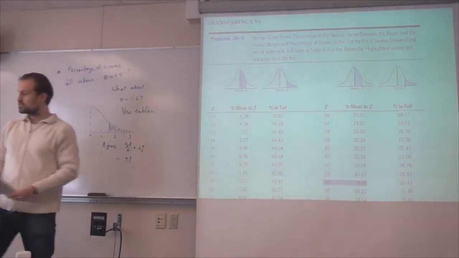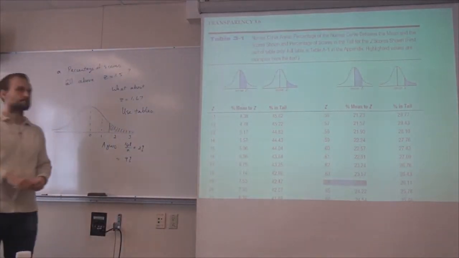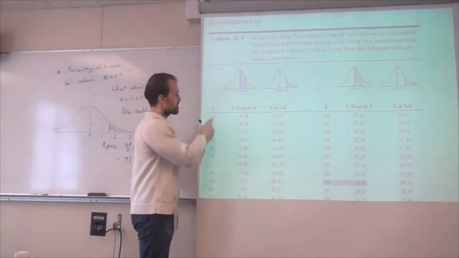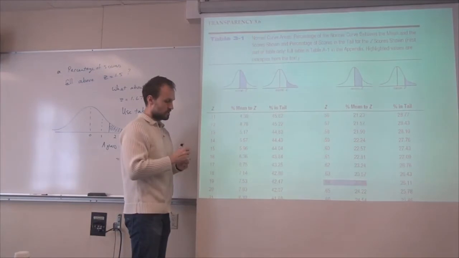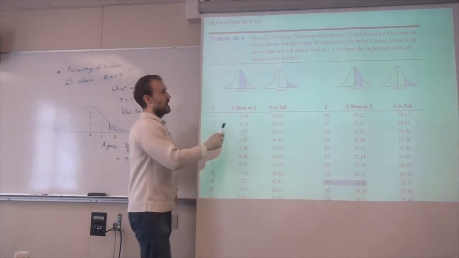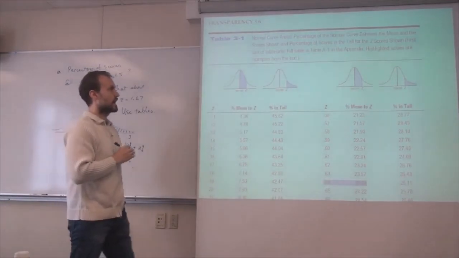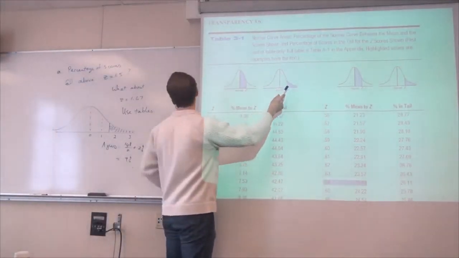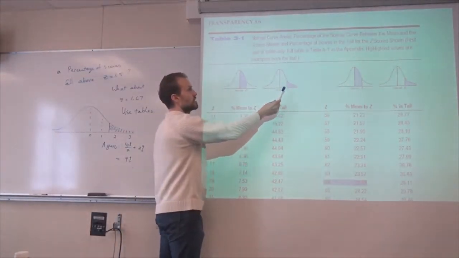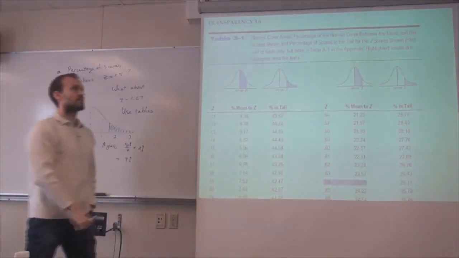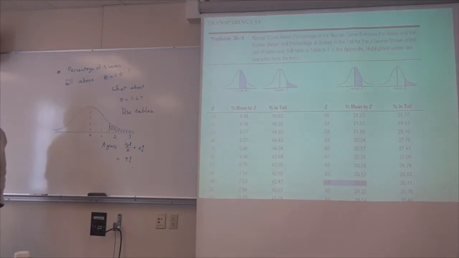So it's given in 2 different ways. For every Z value, I have 2 kinds of percentages. I have the percentage, like the one we're interested in, given a Z value, what percentage falls above that line.